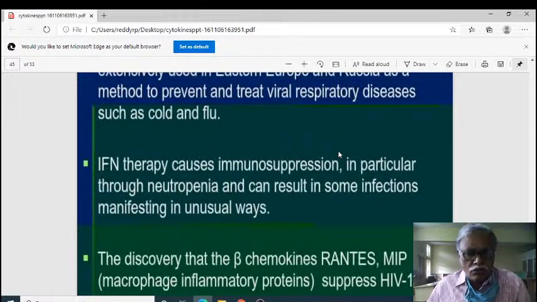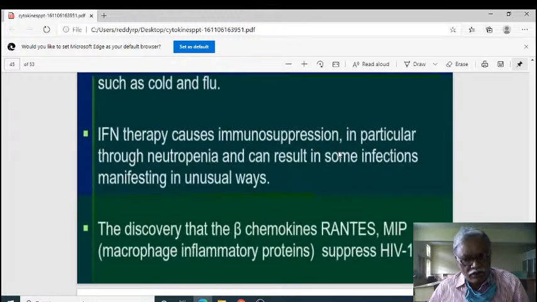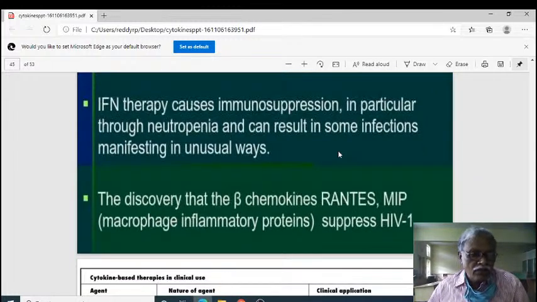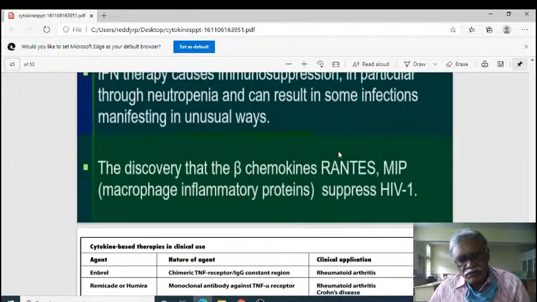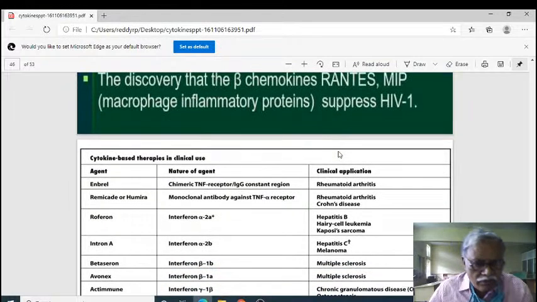Interferon therapy causes immunosuppression, in particular through neutropenia, and can result in some infections manifesting in an unusual way. The discovery that the beta chemokines, RANTES, the ligands MIP, macrophage inflammatory protein, suppress HIV-1 infection.